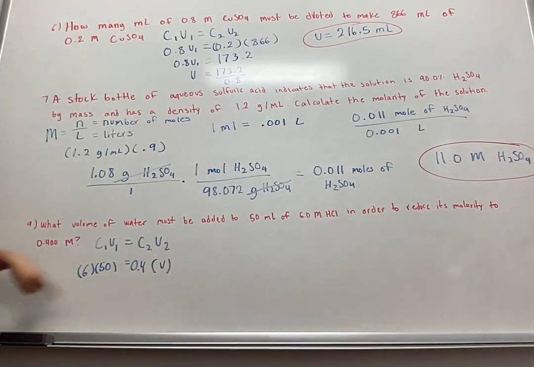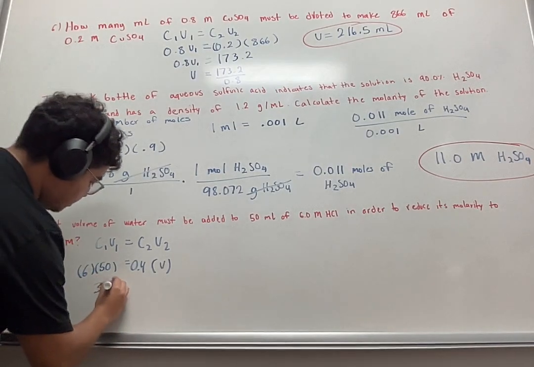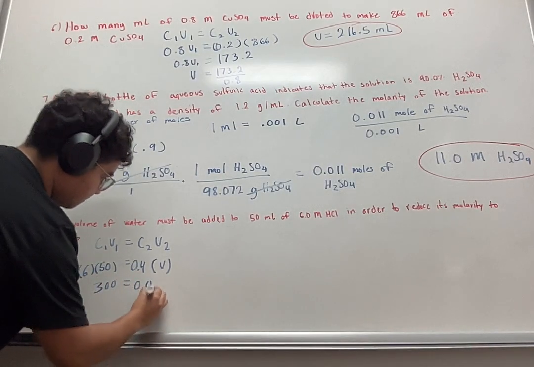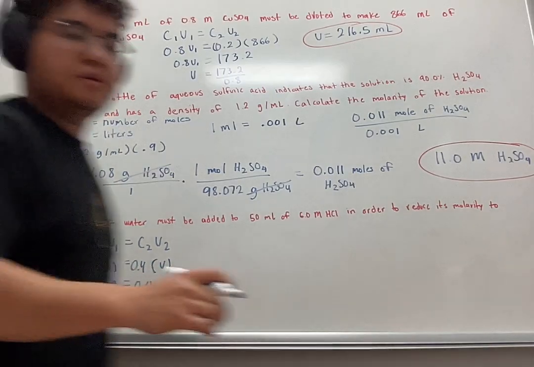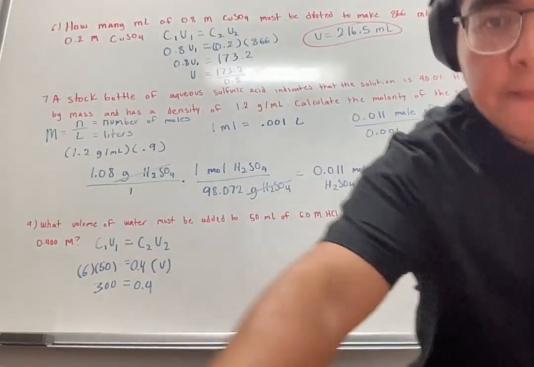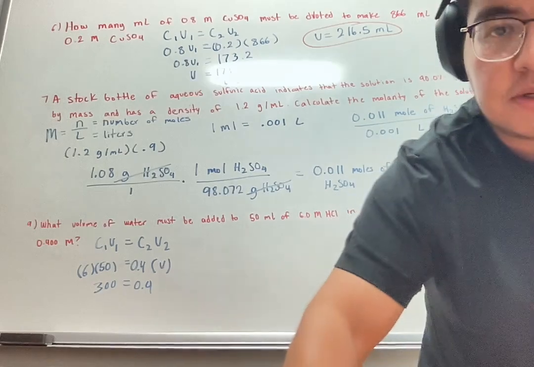All right, we work this out. 6 times 50, that's easy. 300. 6 times 5 is 30. Okay, 300 equals 0.4 times the volume. I hope you guys can see that. Yeah, you can see that.